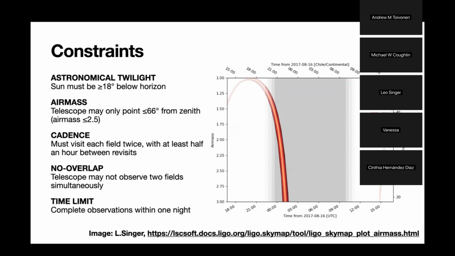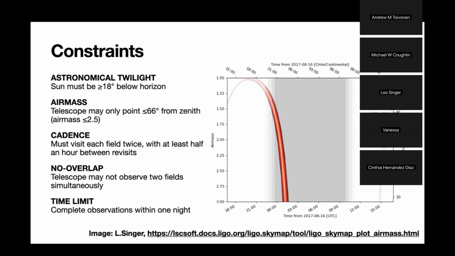We have a cadence constraint, which is that we want to visit each field that we select multiple times because we rely on detecting the same source once and then again a second time to rule out asteroids that are moving across the image that we wouldn't detect twice in a revisit. So we have some constraint on the minimum time between exposures. The exposures can't overlap with each other unless we have a quantum mechanical telescope.